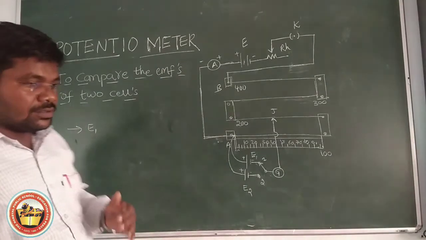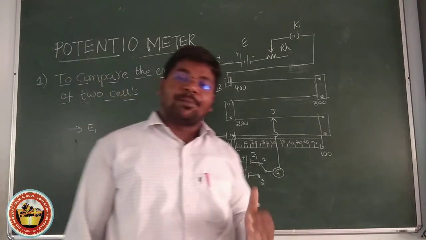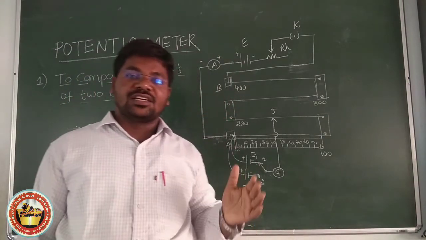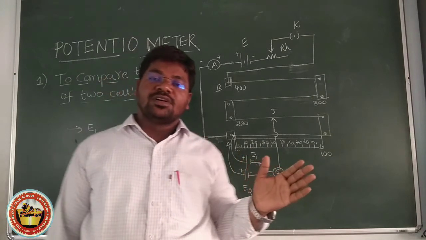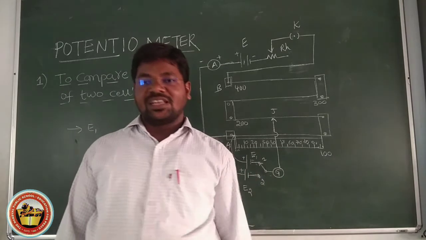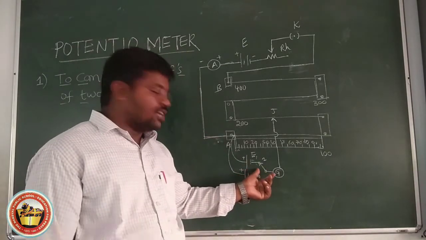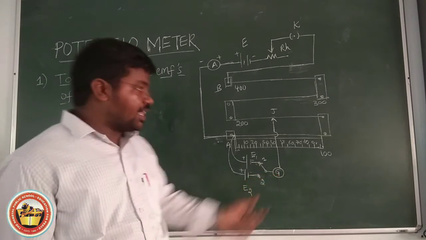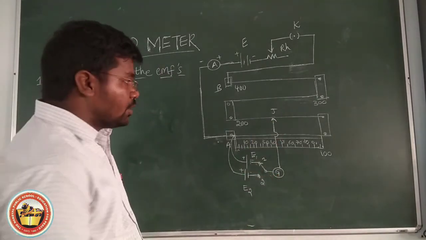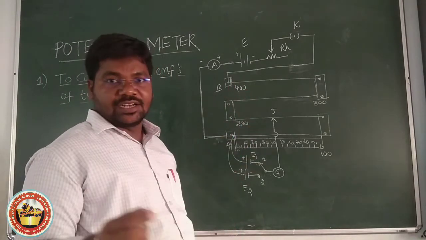According to the potentiometer, we know that the potential drop of a wire is proportional to the length of the wire. So understand, by adding the E1 cell with the help of the jockey, the jockey moves on the wire from 0 to 400.